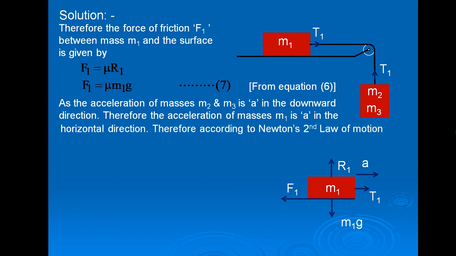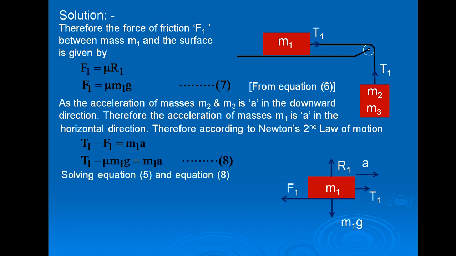Therefore, according to Newton's second law of motion, T1 minus F1 is equal to m1a, meaning net force. Putting the value of F1, we get T1 minus mu m1g is equal to m1a. Let it be equation number 8.